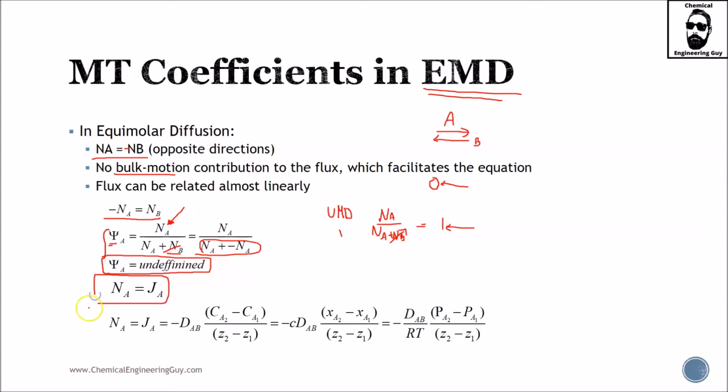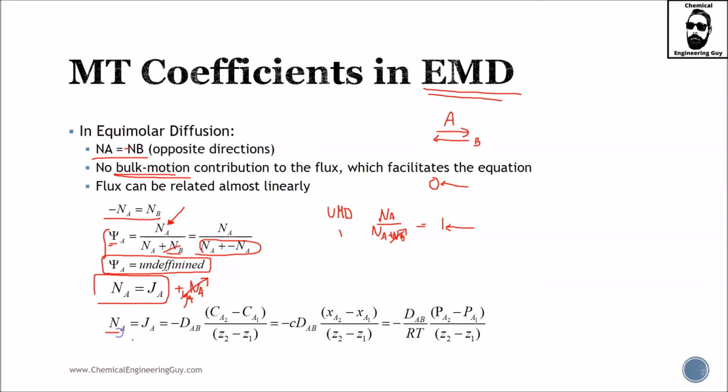And if you don't remember, guys, but you should by now, the molar flux of A must be equal to the molecular diffusion flux. That is, we are ignoring all the bulk phase as stated here. Yeah, bulk motion contribution is ignored. So remember this little part right here equals 0.